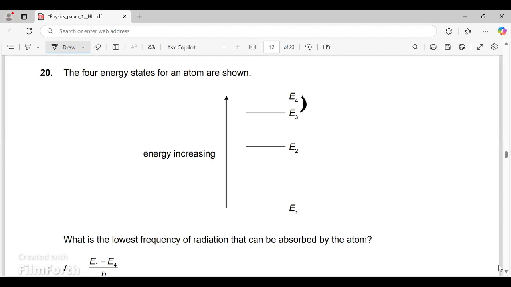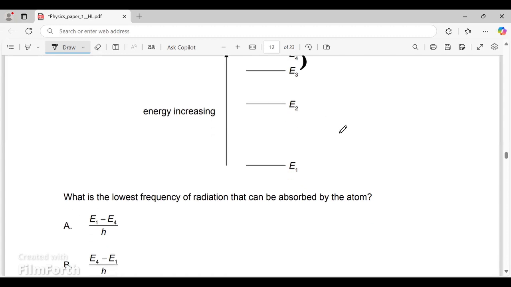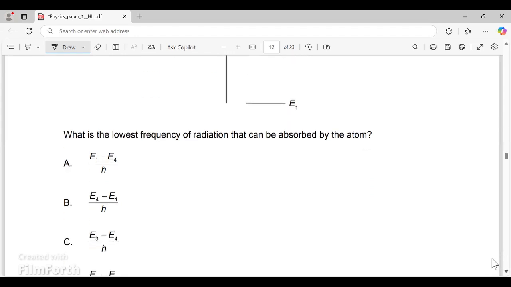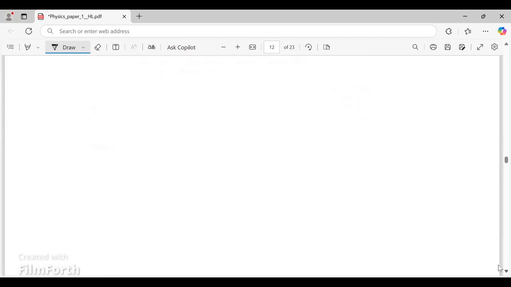If E3 to E4, it means decreasing. So it must be E4 to E3. So the solution is D. It is lower than the others.